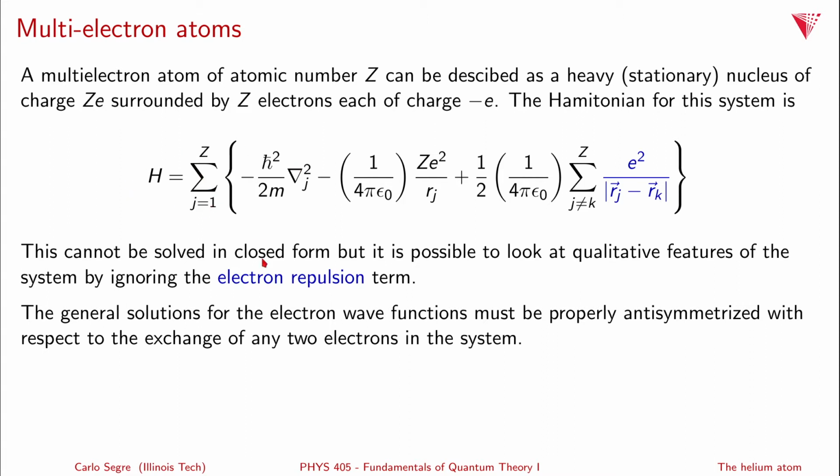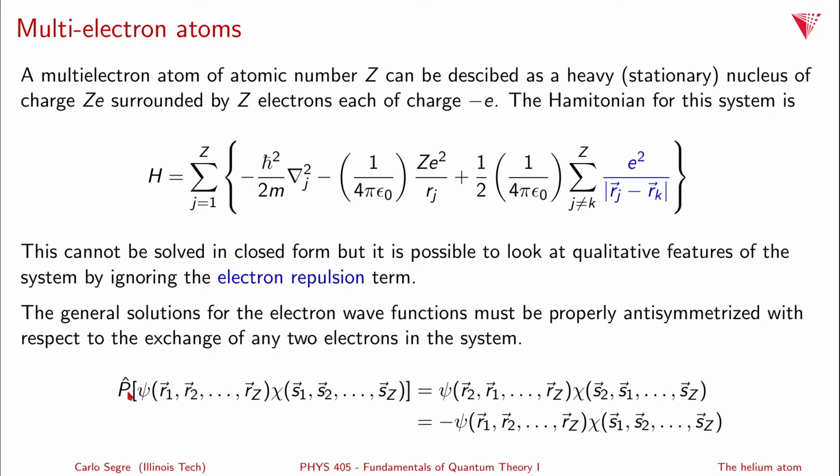So if we have Z electrons, then if we apply the exchange operator to this wave function, which goes like psi of r1, r2, all the way to r sub Z, times the spin wave function, because we can't ignore spin, chi of s1, s2, all the way to s sub Z, when we exchange r1 and r2 and s1 and s2, you get psi of r2, r1, all the way to r sub Z, chi of s2, s1, all the way to s sub Z. And that must equal minus the original wave function, psi of r1, r2, r sub Z, chi of s1, s2, all the way to s sub Z. And this should hold for the exchange of any two electrons, from 1 to the Zth electron.